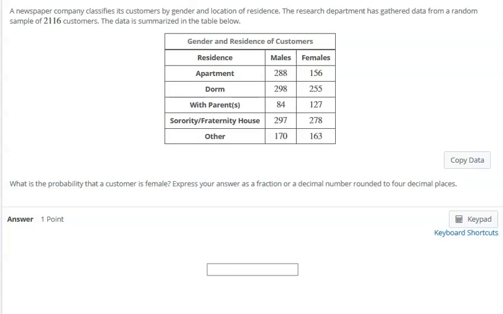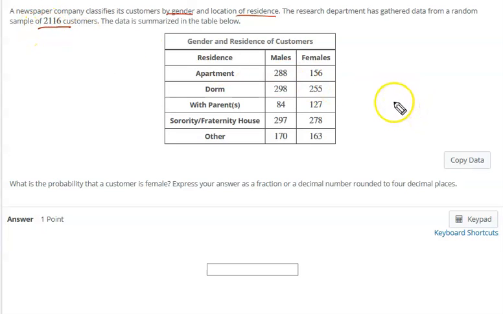Now, this relates to probability. You're going to pause it and read it carefully. Here, a newspaper, customers by gender, their location of their residence, random, and our sample is this much.